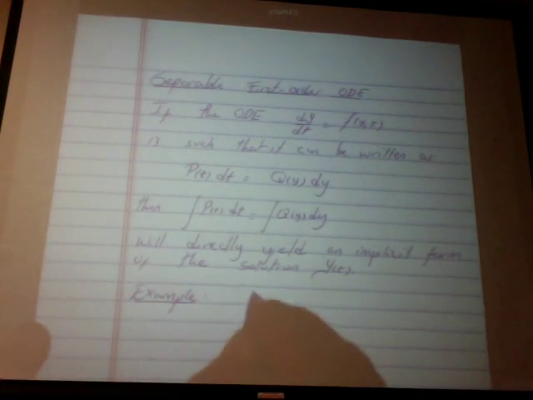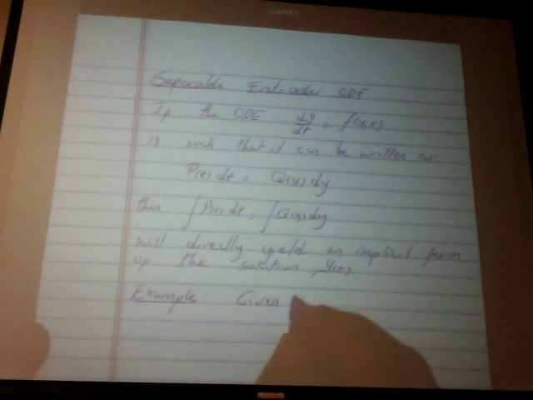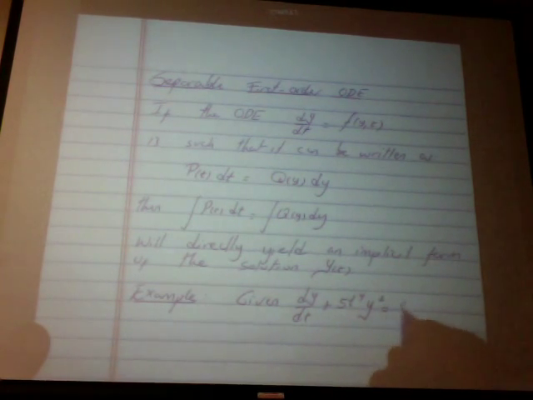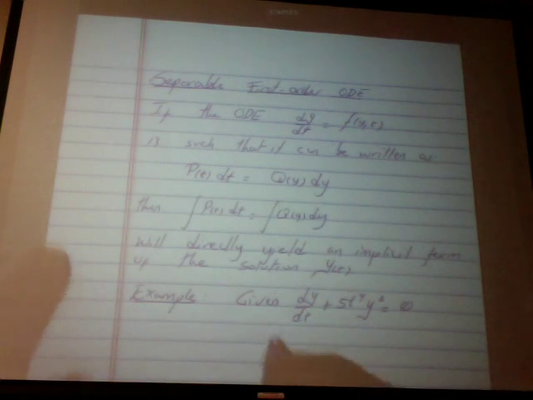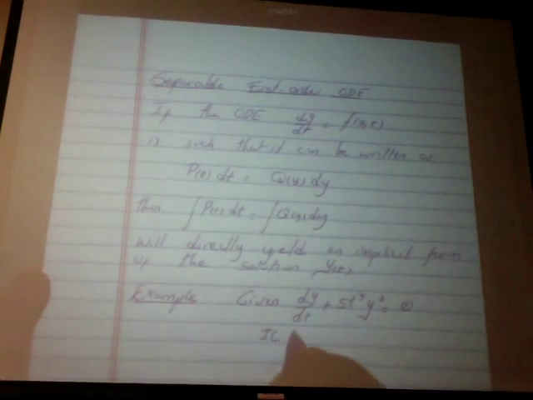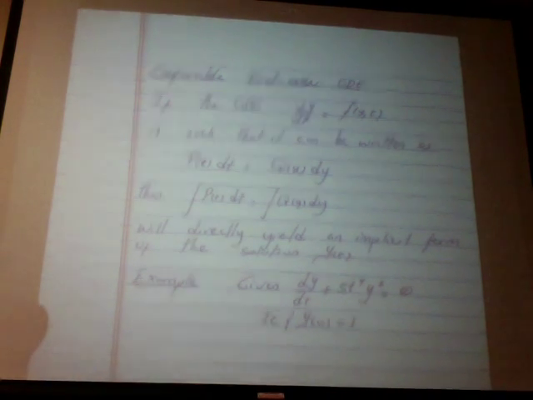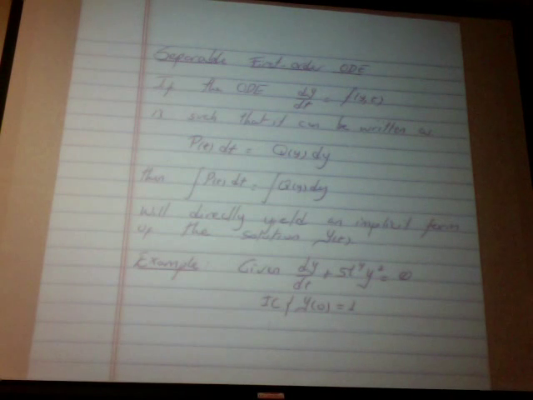So given, let's say, dy dt plus 5t to the fourth y squared equals 0, with initial condition y of 0 is equal to 1. At time equals 0, the solution must be 1. So find y of t.